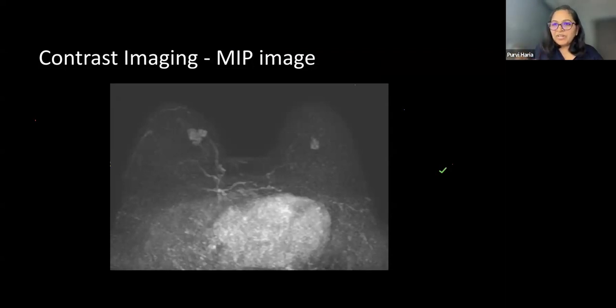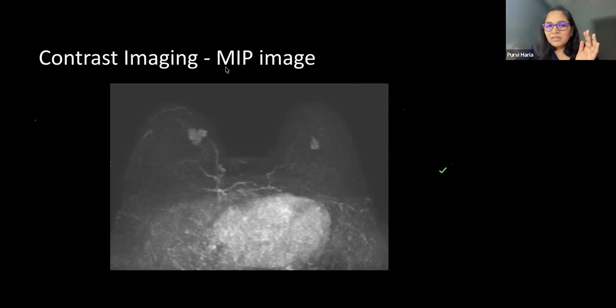But this is very important for you. When you see this one image, you definitely know there is one lesion in the right breast, one lesion in the left breast. Only thing is, it's like a CC view of the breast, but minus all the background parenchyma, and you are seeing only the enhancing lesion.